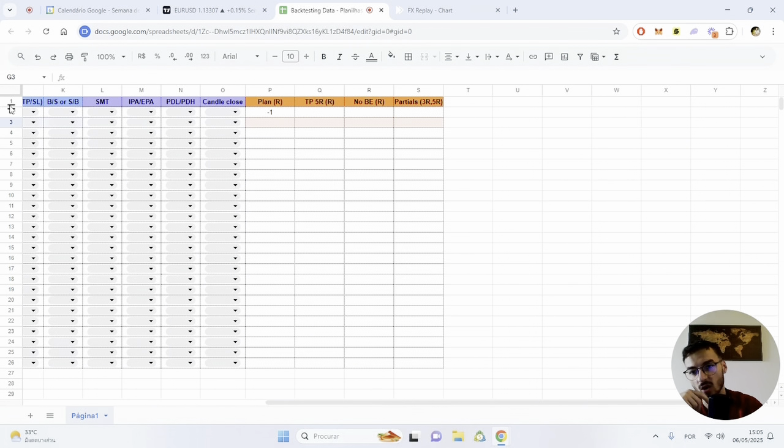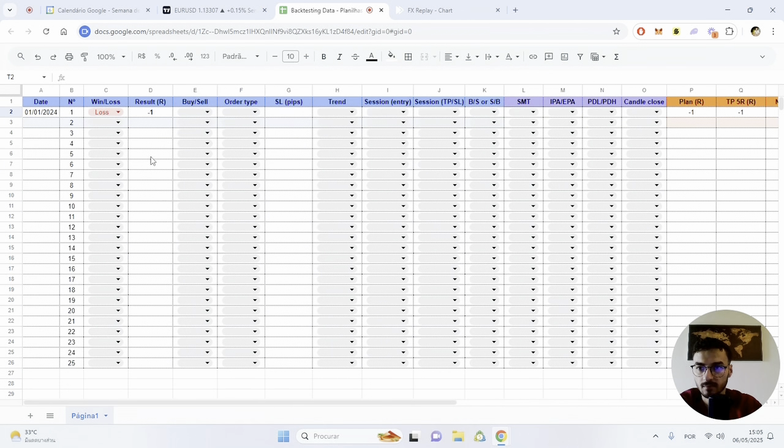The plan is already copying the other tab, and the other ones, because there was no management possible, it was -1 as well. I like this to look good. Yeah. Okay. So let's continue.